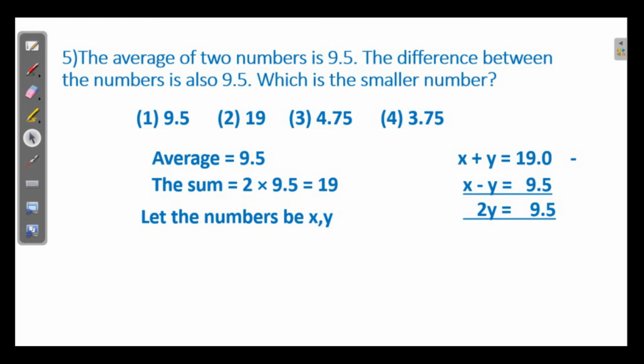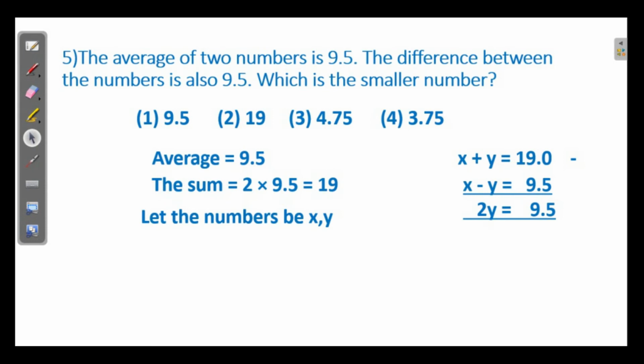To find the smaller number, the sum minus the difference, we will get twice the smaller number, and dividing it by 2, we will get the smaller number. So, x plus y minus x plus y is equal to 2y. 2y is equal to 9.5.